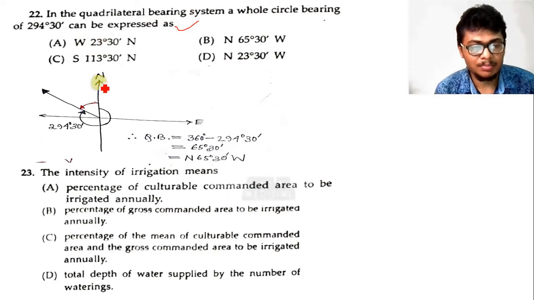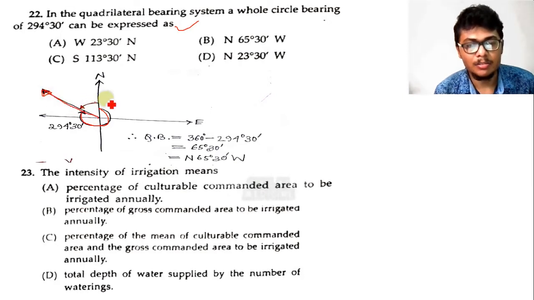First, I have drawn the coordinate system and the whole circle bearing is given as 294 degree 30 minutes. We know that whole circle bearing is always calculated from the north direction and in the clockwise direction. Therefore for 294 degree 30 minute, the line will be this.